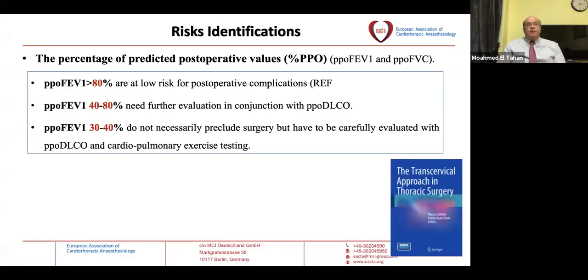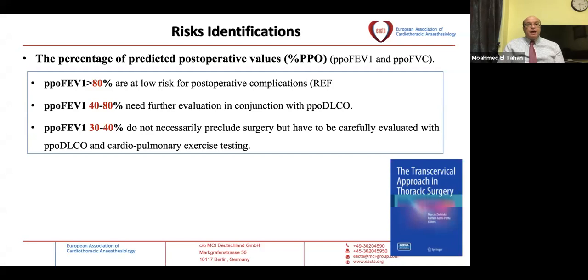One of the most important predictors is the percentage of predicted post-operative FEV1, forced expiratory volume in the first second. If it is more than 80%, the patient is at low risk for post-operative pulmonary complications.